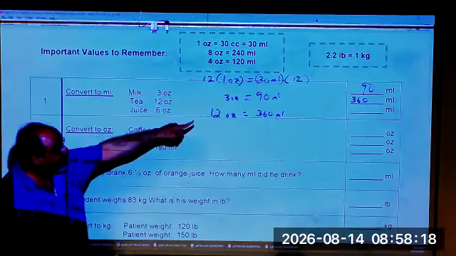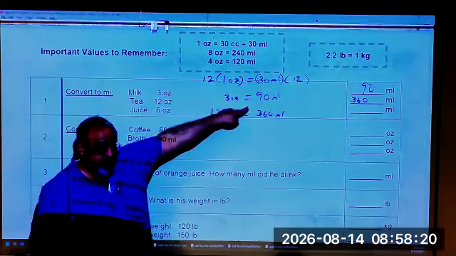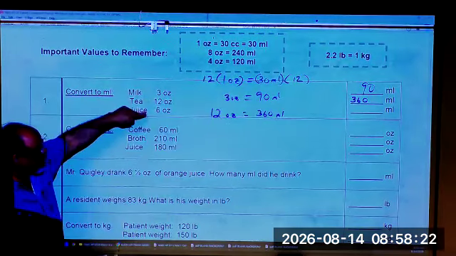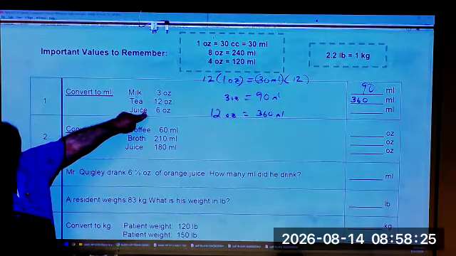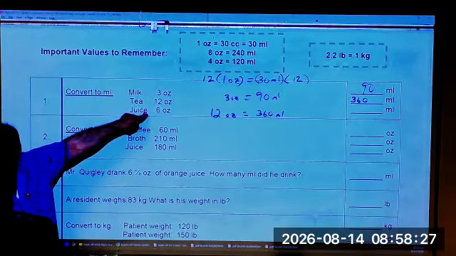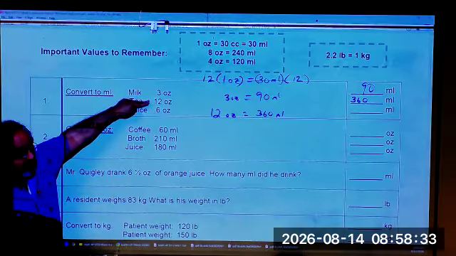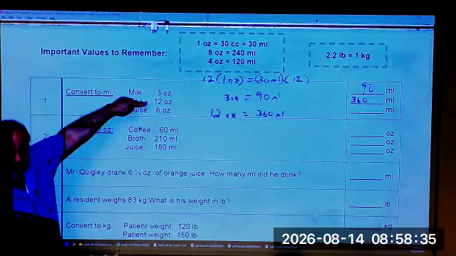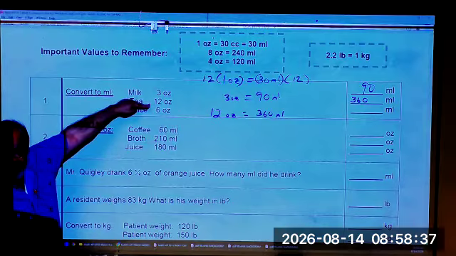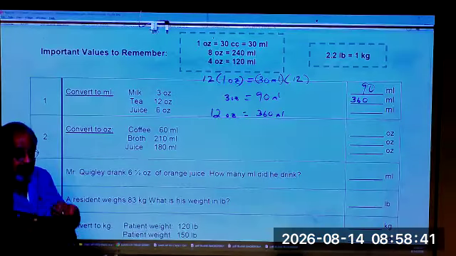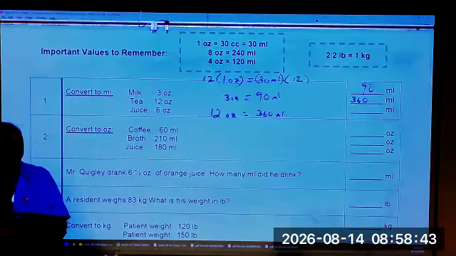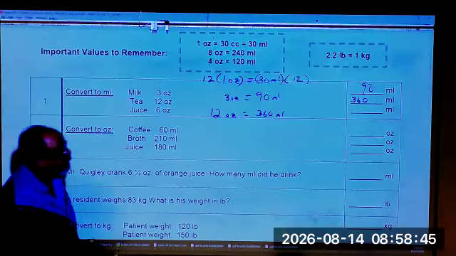The answer for 3 was 90, so 6 would just be twice as big, 180. Or since 6 is half of 12 and 12 is 360, it's half of 360, which is 180. Or we can just do the same process every single time.